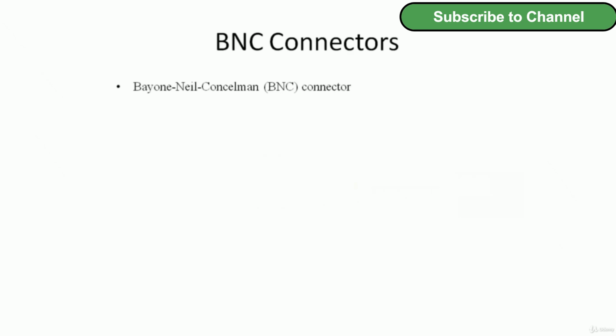Then there are some connectors used in these wires, called the BNC connector. The full form of BNC is Bayonet Neill-Concelman connector, as it is used in our laboratory. The CRO cable that is connected to the CRO, that connector is called the BNC connector.